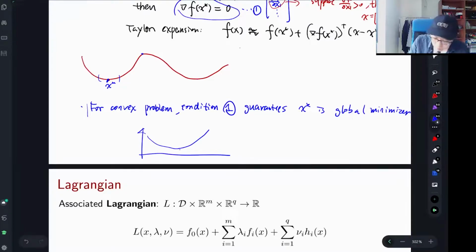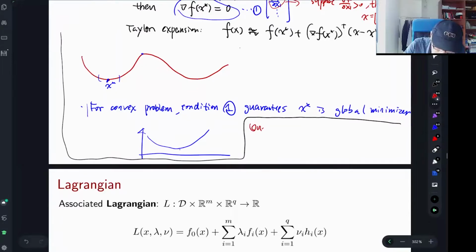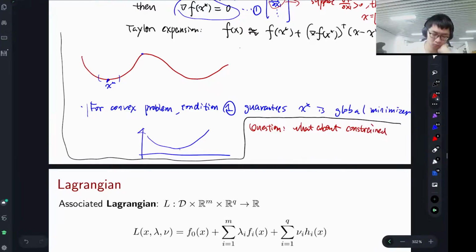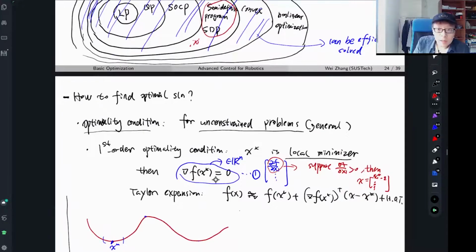All right, that's a quick summary of the optimality condition for unconstrained problems. The question is, what about constrained optimization? For the unconstrained case, you just need to find x star for which the gradient equals 0.